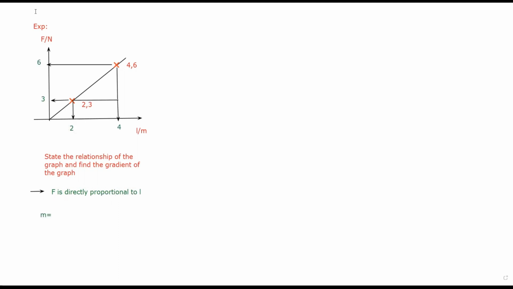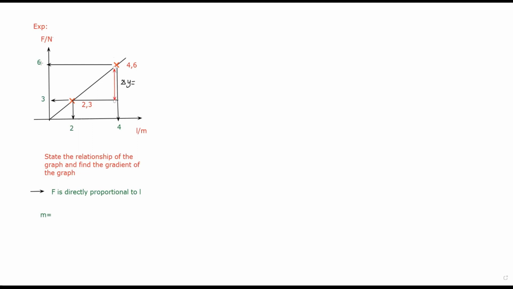So now the thing that I want is delta y, the change of the y. I want the difference of this value.